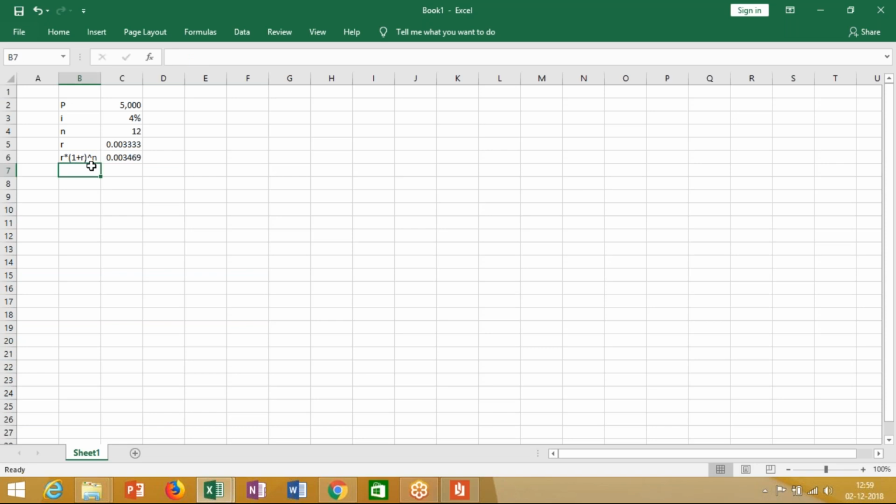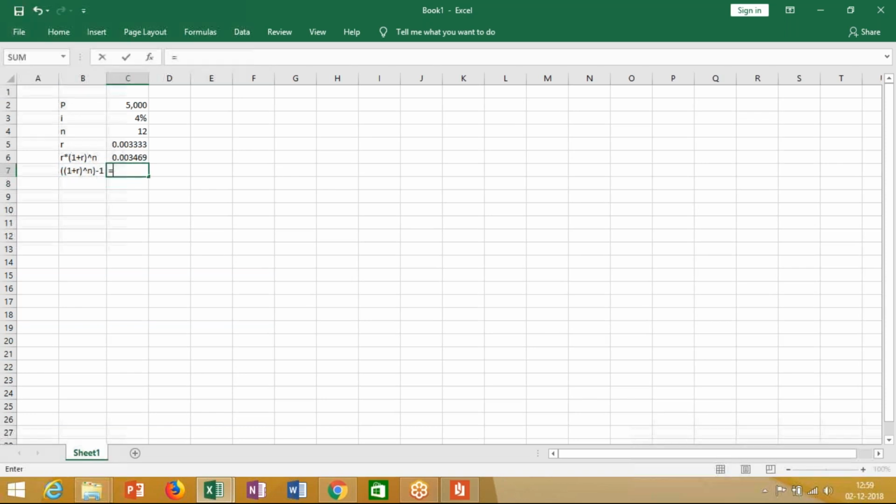The next part is 1 plus r to the power of n minus 1. So this is 1 plus r to the power of n minus 1, right?